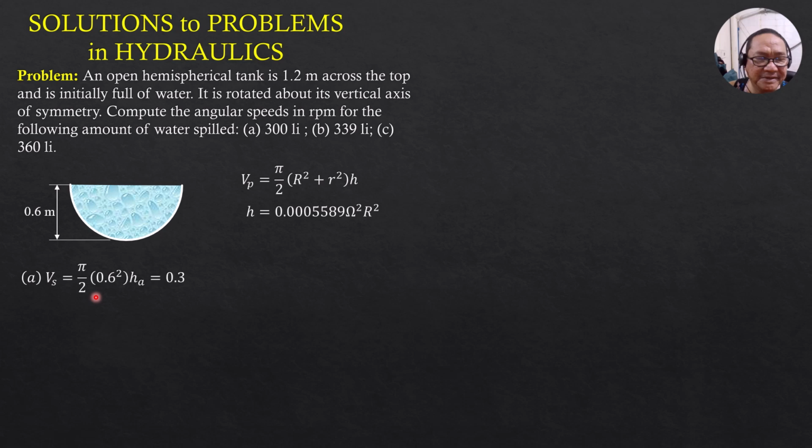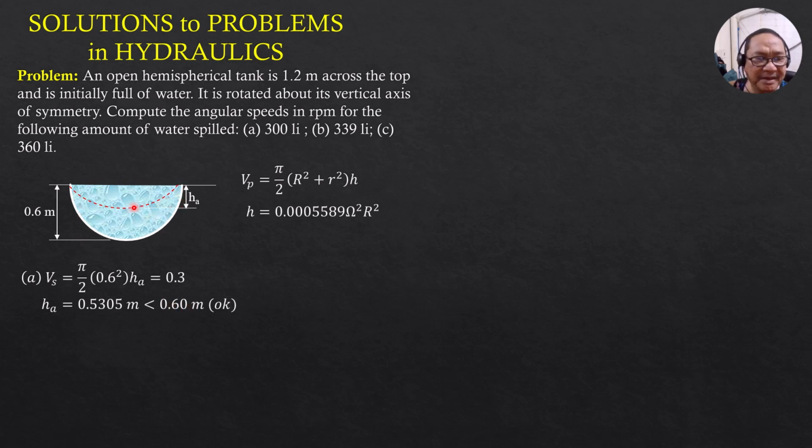So the volume spilled is pi over 2, times the radius squared, where the radius of the tank is 0.6, then this is 0, so just ignore it, times the height HA, which is equated to 0.3 cubic meter. So HA is 0.5305 meter, and it is less than the radius, or the depth of water in the tank. Therefore, the assumption is correct.